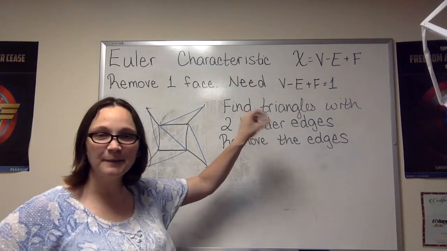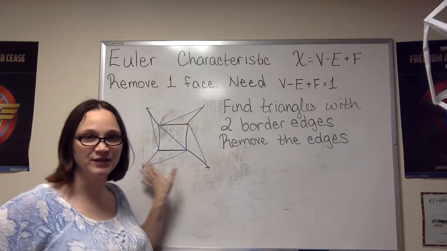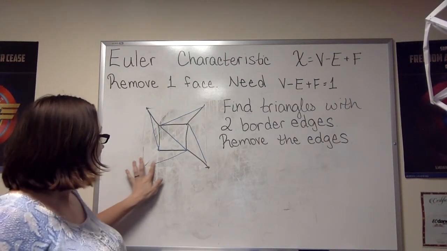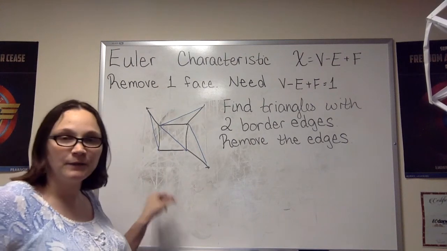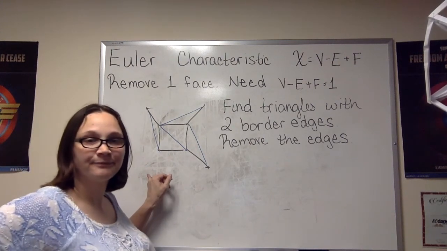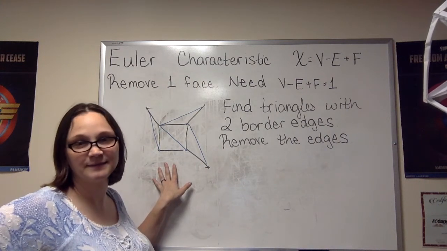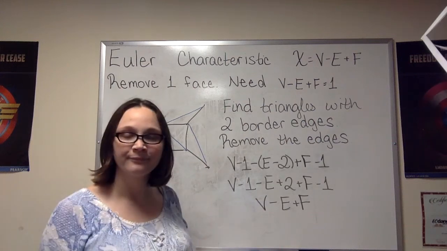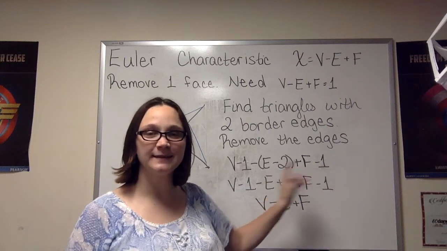Next up, I'm going to find triangles with two border edges, and I'm going to remove both of the edges. So this triangle here, I can remove both of the edges, and we'll notice I removed a vertex, I removed two edges, and I removed a face. Since there was a triangle here, that's no longer here. So I removed one vertex, two edges, and one face.